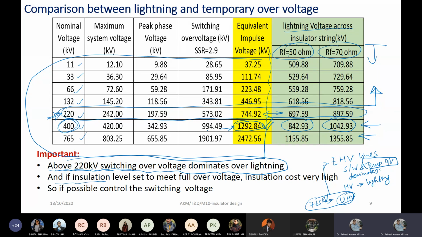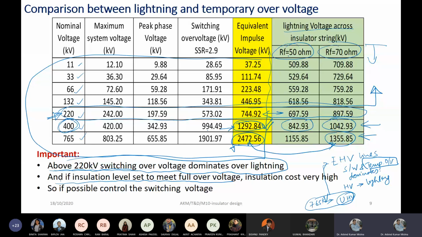And if insulation level is set to meet the full switching over voltage, see here the difference now. As you go on increasing the system voltage, the discrepancy between the lightning over voltage and the switching over voltage goes on increasing.